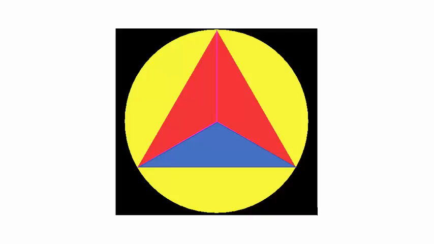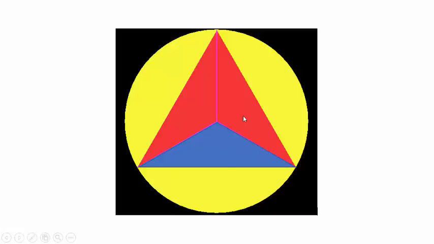What we're going to do is to derive the formula for a circle, pi r squared, by using the idea of area of a polygon in conjunction with the Taylor series expansion. Let's suppose we have a yellow circle that contains an equilateral triangle, which is made up of three smaller triangles of the same area.